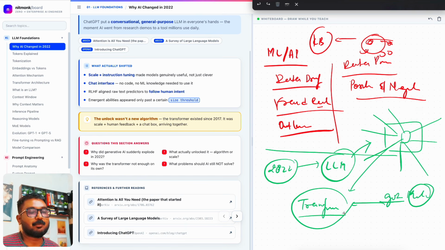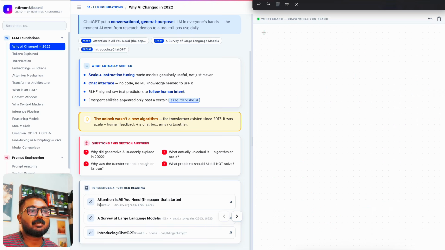It's from the internet, from GitHub, from books, everything humanity has on the internet and digital side. That transformer got trained, and now we have this LLM, the complete LLM where we communicate and we get the data. That's what changed.